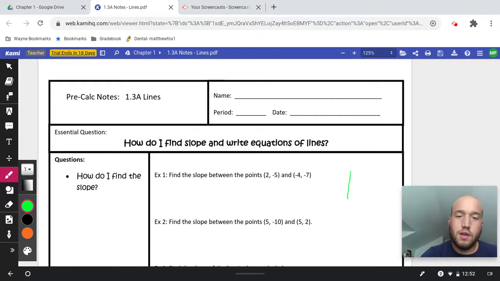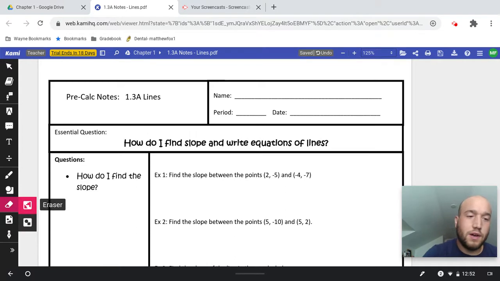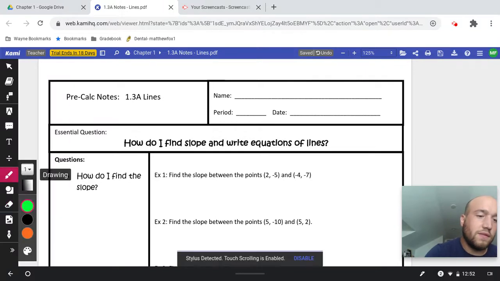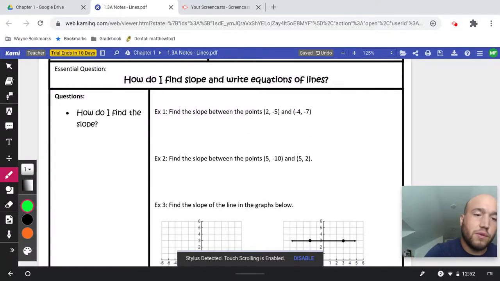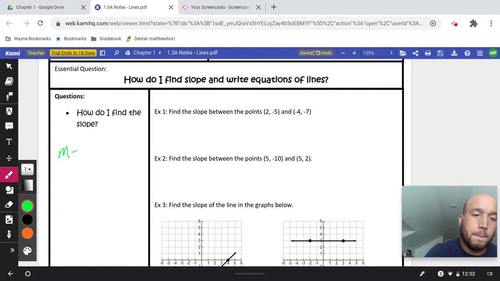Okay, so our first question here is how are we going to find the slope? I am guessing many of you have seen this formula before, but our formula for slope is just y2 minus y1 all over x2 minus x1.